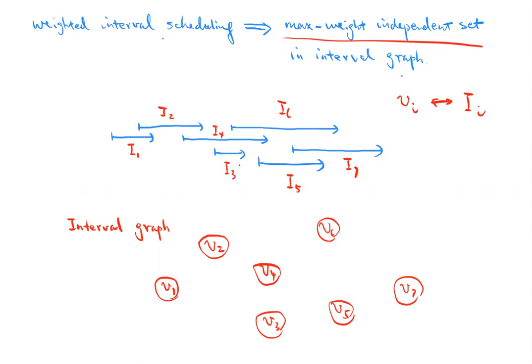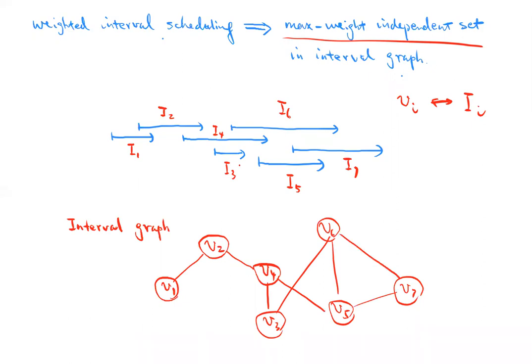All right. Now if two intervals have a non-empty intersection, then we add an edge between these two vertices. I1 and I2 intersect, so we add an edge. I2 intersects with I4, so we add an edge. I3 intersects with I4 and I6, so we add these two edges. I4 also intersects with I5, I think, right? So 5, 6, 7.